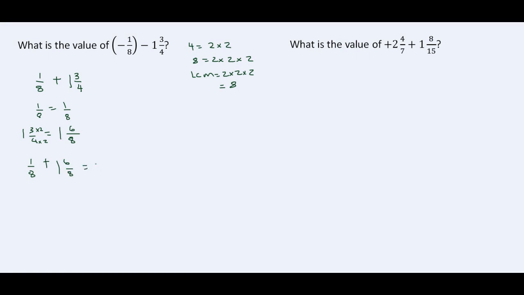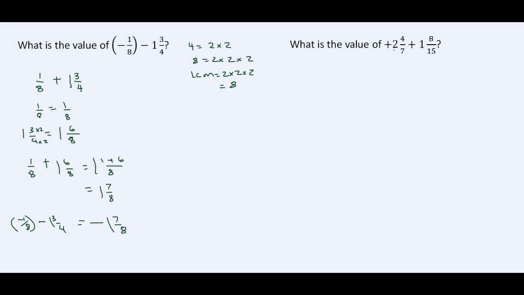So this is going to give us 1 plus 1 is 2, and 1/8 plus 6/8 is 7/8. So now because the signs are the same, it's going to be minus 2 and 7/8. So we can put it this way: minus 1 and 1/8 minus 1 and 3/4 is going to be equal to that.